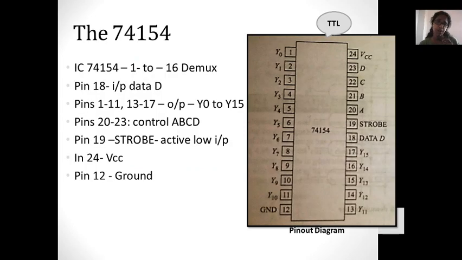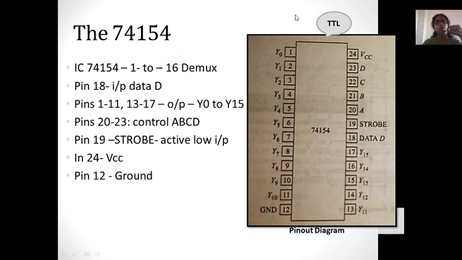And we all know that we are not going to construct these demultiplexers using AND gates or NOT gates. But what will we do? We use the corresponding integrated circuit or chip. And here for the demultiplexer, the chip is IC 74154.